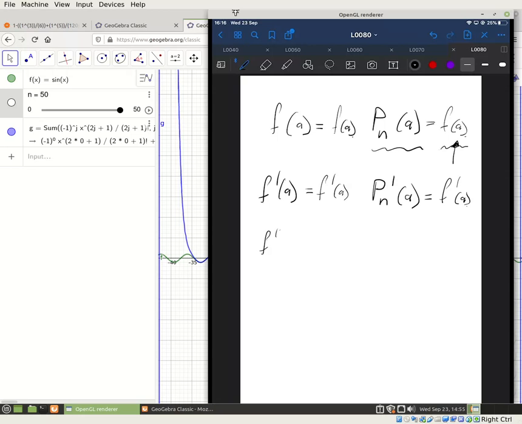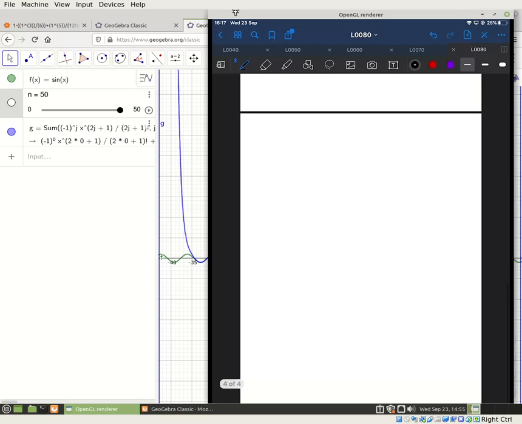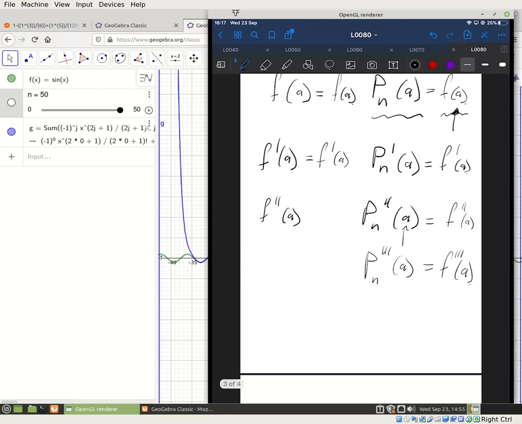And if you work out the second derivative of the nth Taylor polynomial at a, you get exactly the second derivative. If you work out the third derivative of the nth Taylor polynomial, you get exactly the third derivative of f at a. So the Taylor polynomials are designed, they are cooked in such a way so that they match the derivatives, all the derivatives up to n of the function which you are trying to approximate.